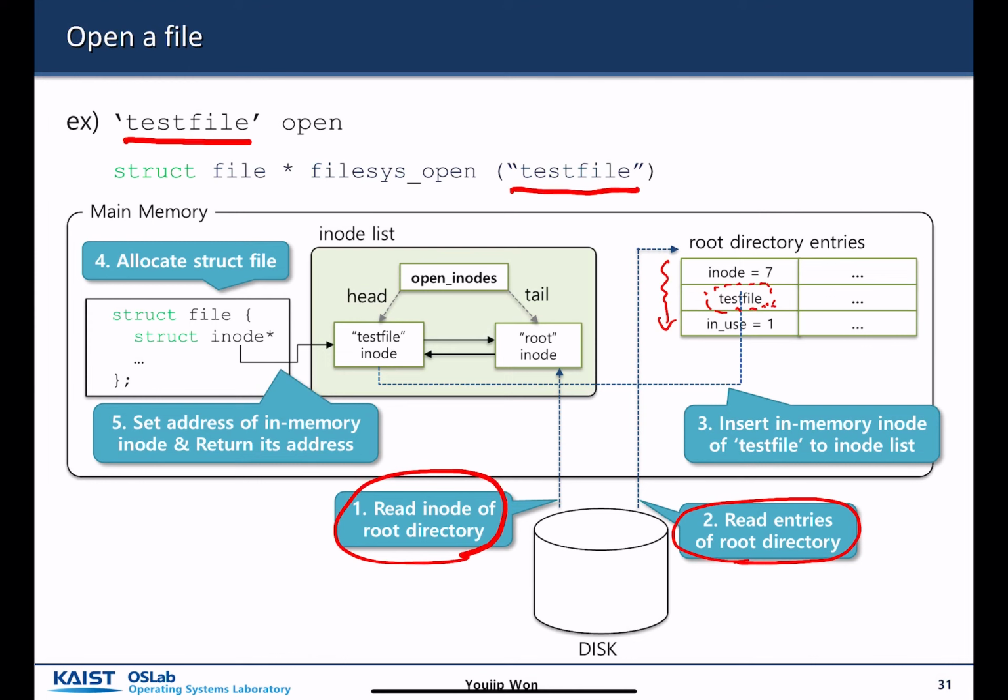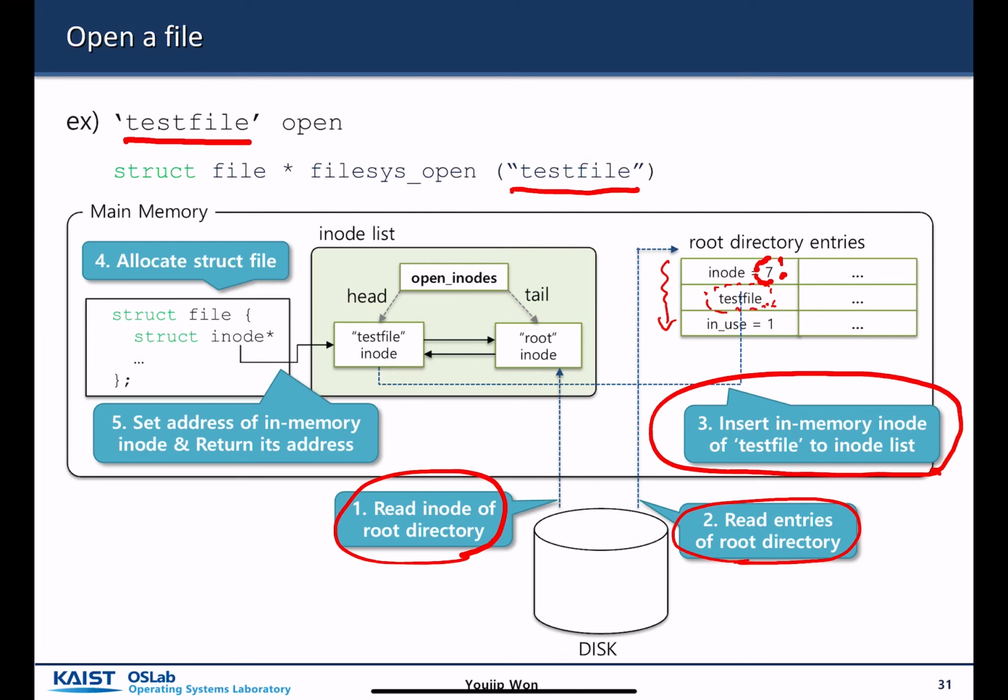Then you find the matching inode, and we find that the inode number for test file is 7. As a third step, you insert the in-memory inode for test file into the inode list. So you are done with inserting an inode into the inode list.